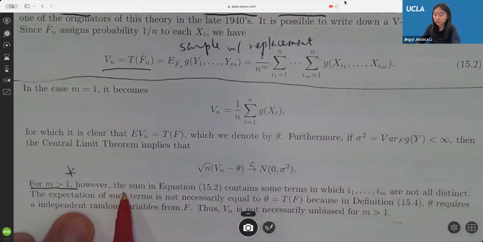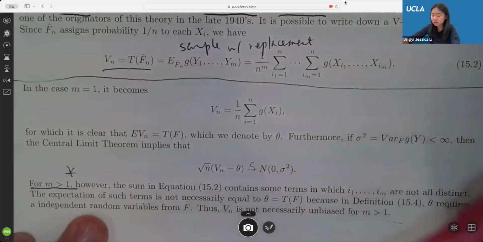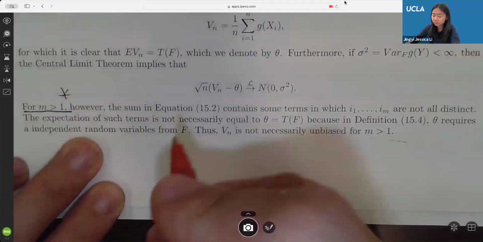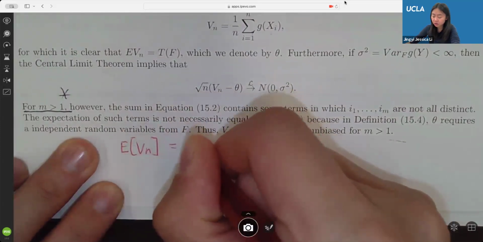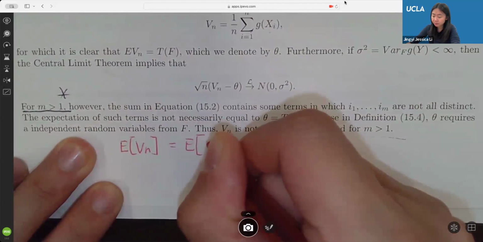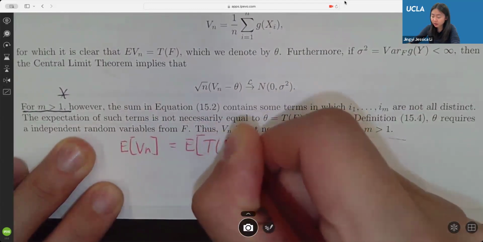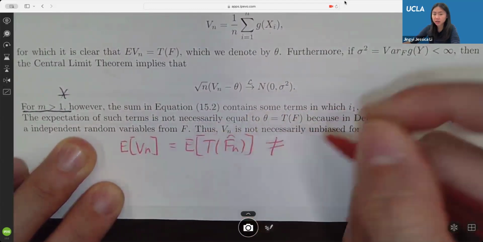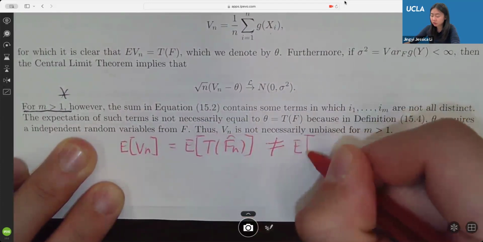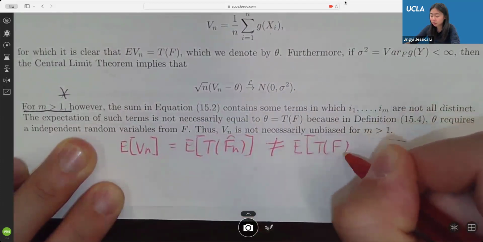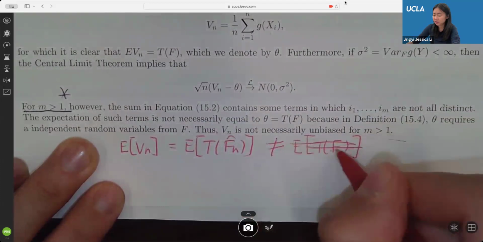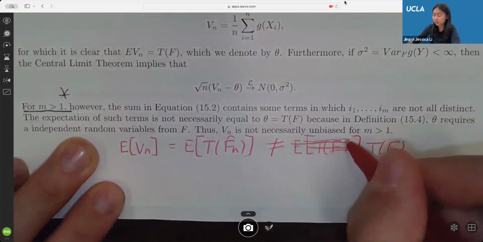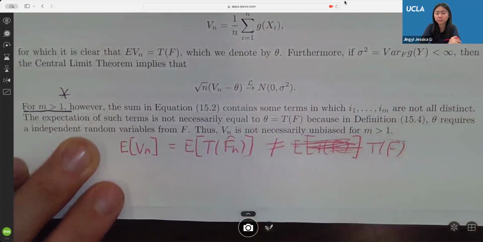Hence, the expectation of V_n, which is the expectation of T at F_n hat, is not necessarily equal to T(F). That's the problem, because of repeats. Sorry, we don't need the expectation on this side, because there's no random variable.